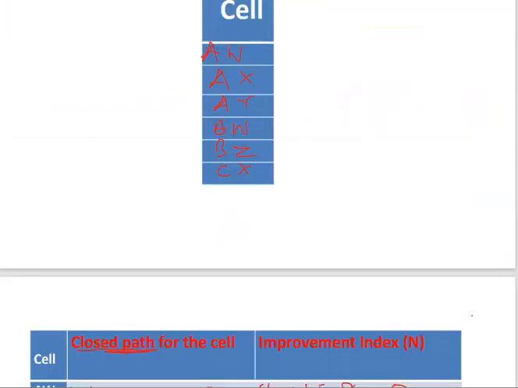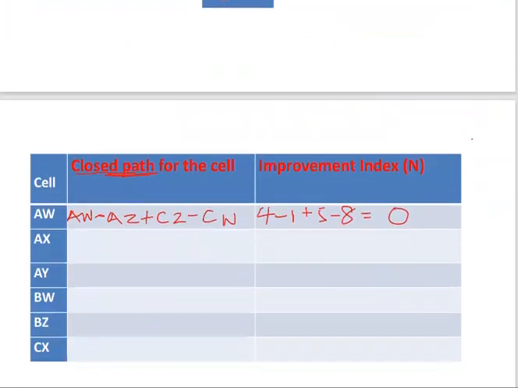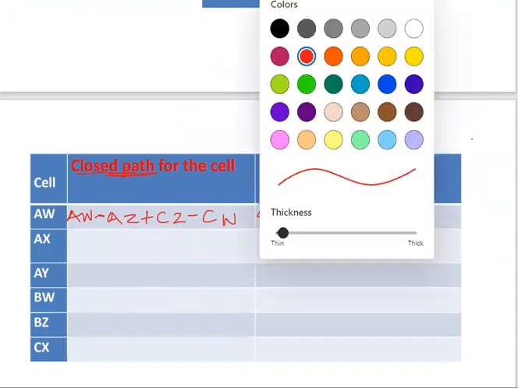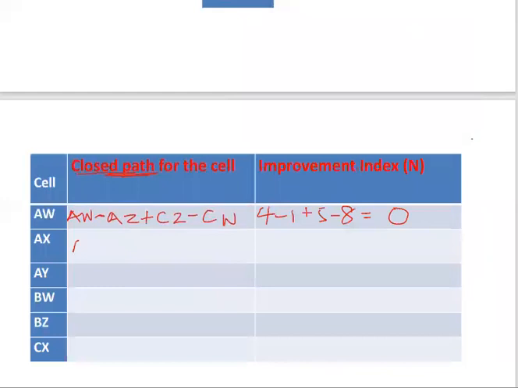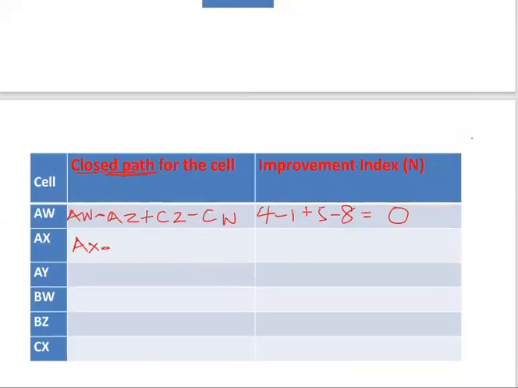So how did you move? Please call it for me. AX minus BX, plus BY, minus CY, plus CZ, minus AZ.